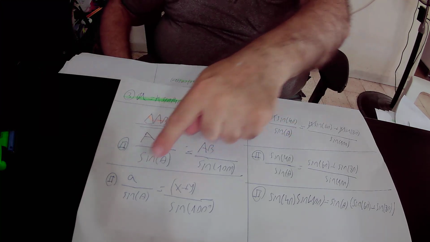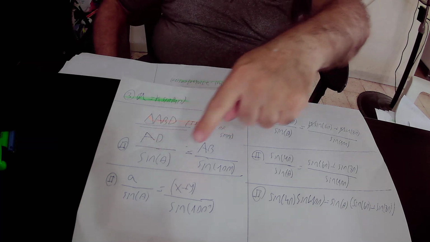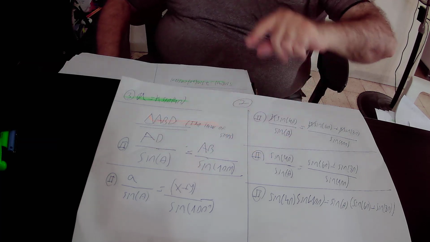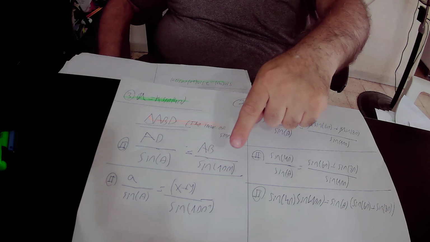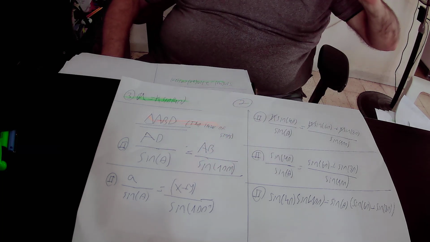AD equals A, we substitute AD by A. AB equals X plus Y, we substitute AB by X plus Y, and we got this equation: A over sine theta equals X plus Y over sine 100 degrees.